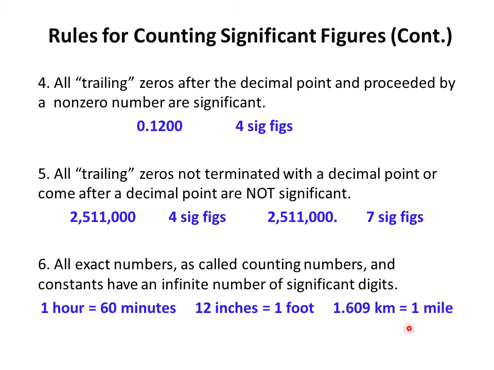And typically we use these in conversion factors. These have an infinite number of sig figs, and when you calculate using conversion factors, what you have to remember is that you're only as precise as your least precise measurement. But because these have an unlimited number of sig figs, we cannot use these when we try to determine the proper number of sig figs in which we should report our answer. More of that to come when we talk about dimensional analysis.